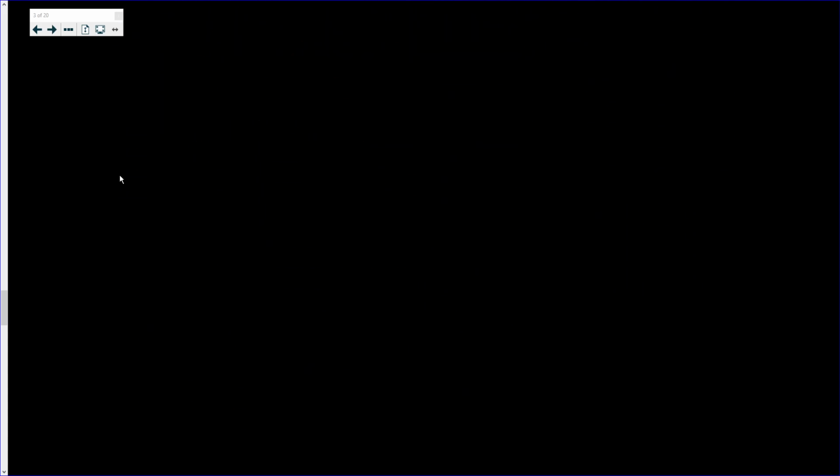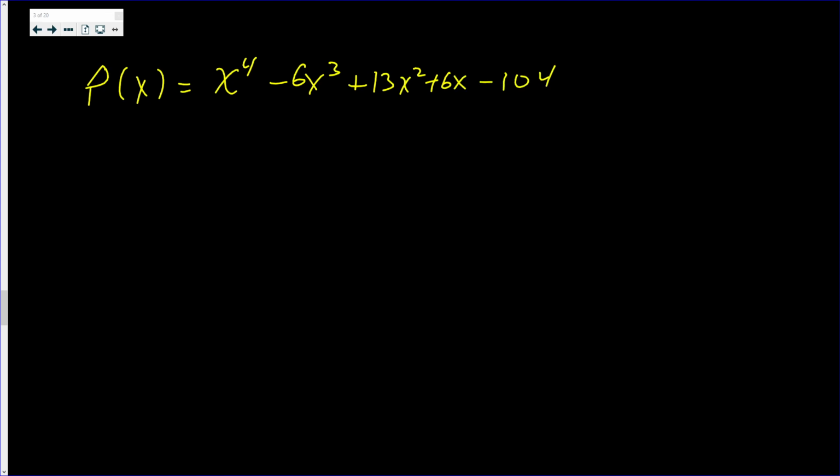Suppose you were asked to find the roots of this polynomial. P of x is, say, x to the 4th minus 6x cubed plus 13x squared plus 6x minus 104. You're asked to find these roots. Looks like fun.